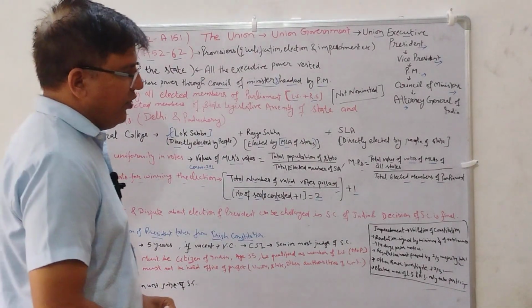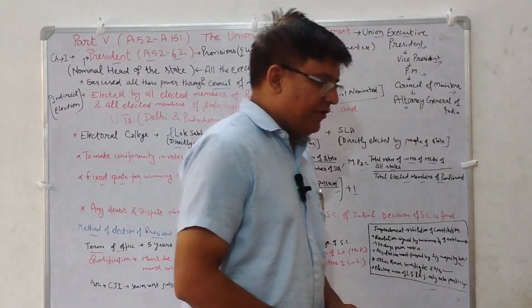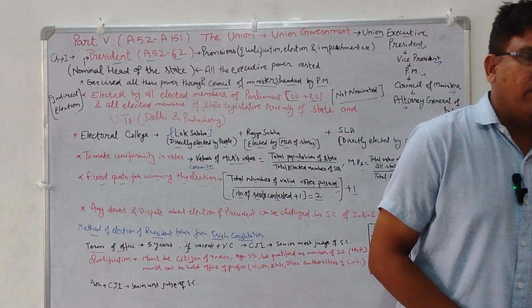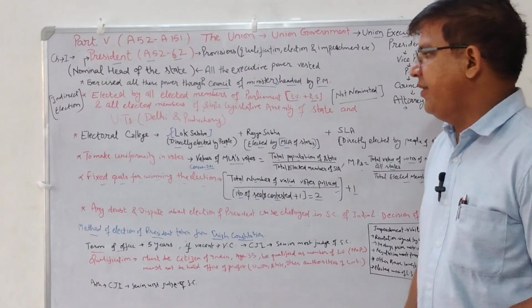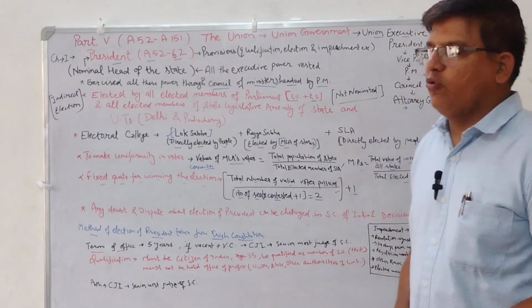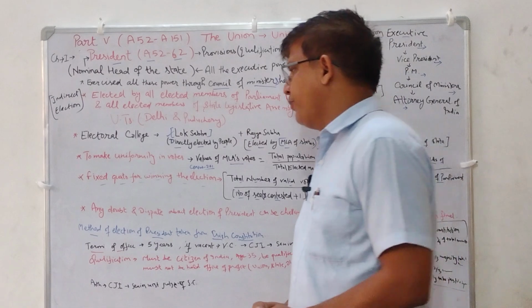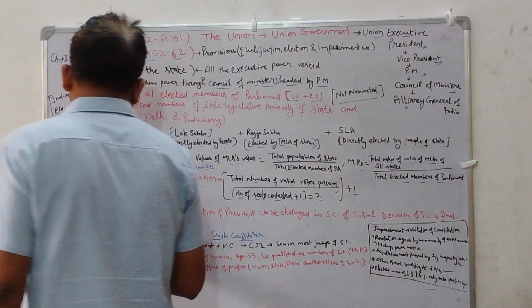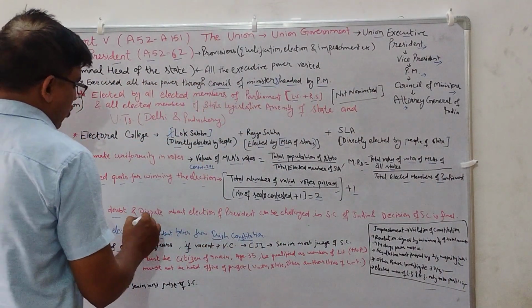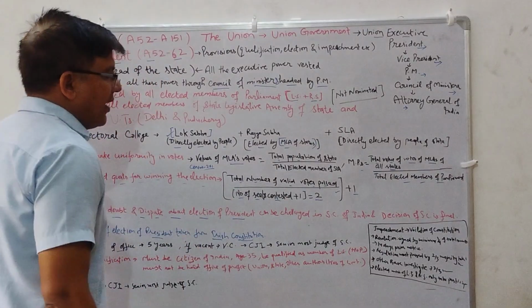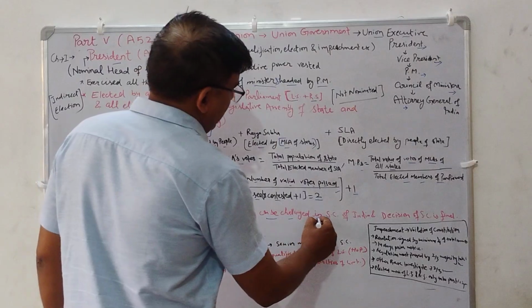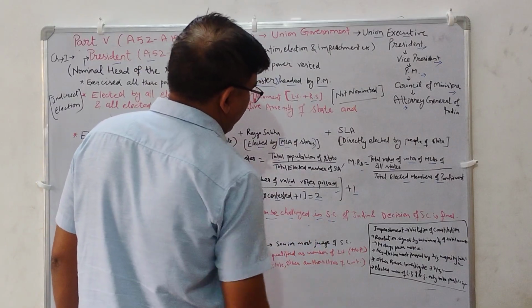In case of any dispute or doubt about the election of the President, we move to the Supreme Court. Any doubt or dispute about the election of the President can be challenged in the Supreme Court only.